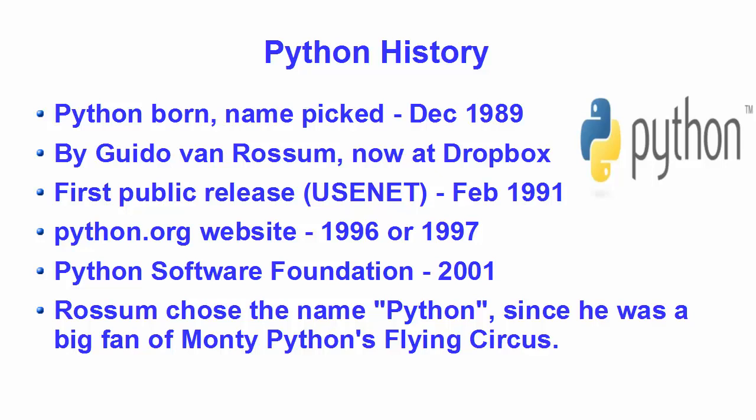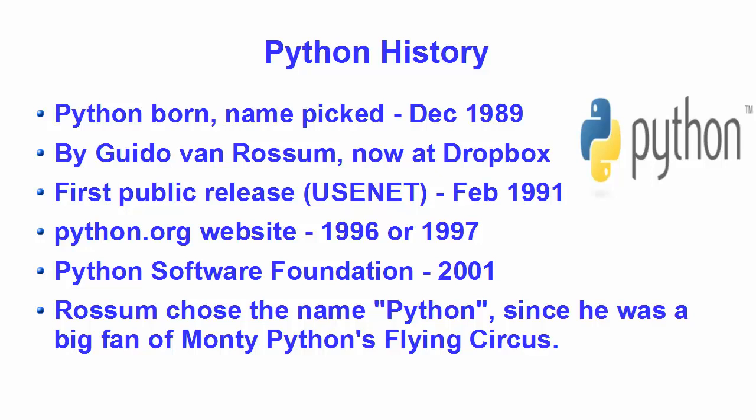Guido van Rossum worked at Google from 2005 to December 2012, where he spent half of his time in the development of the Python programming language. And nowadays Van Rossum is working in a company called Dropbox. And where does this Python name come from? Van Rossum chose the name Python since he was a big fan of Monty Python's Flying Circus.